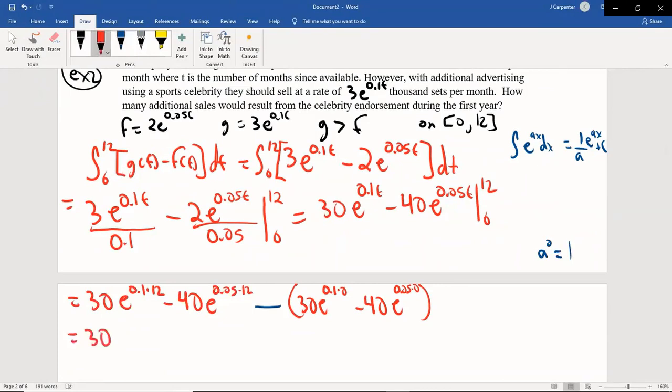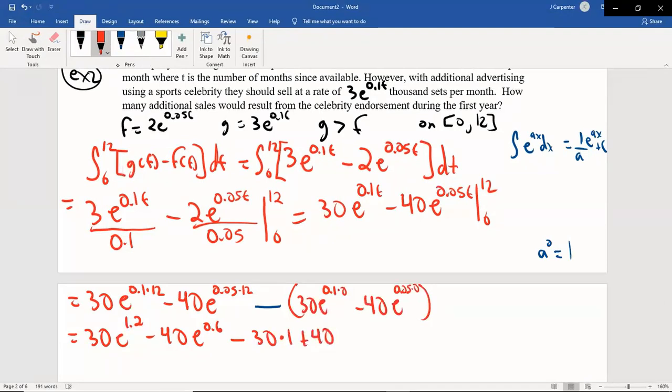So this will be 30 e to the 1.2. 0.1 times 12 is 1.2, minus 40 e to the 0.05 times 12, which is 0.6. Distribute the negative appropriately. So this is a minus 30 times e to the 0, which is 1. This negative and this negative, the blue and the red, cancel, so that's a plus. Leave the 40.